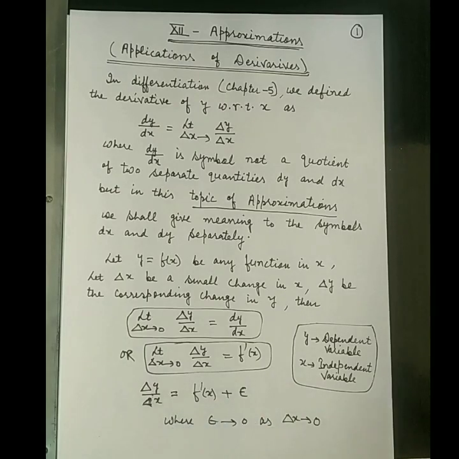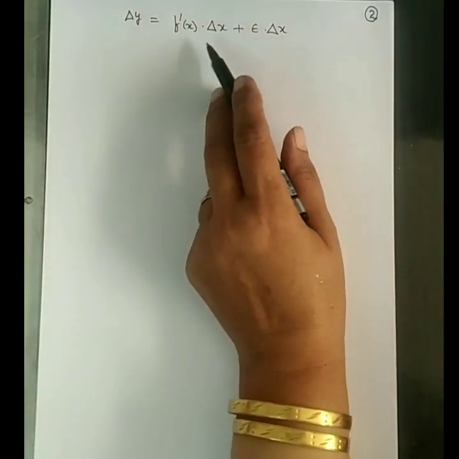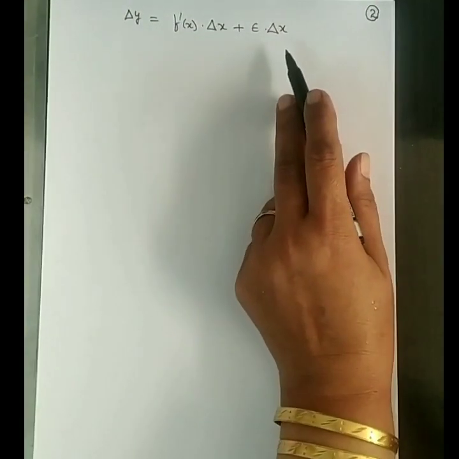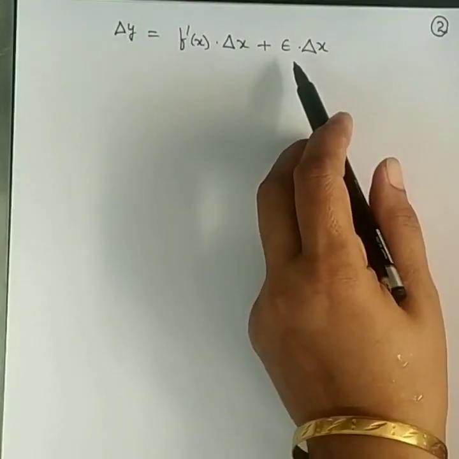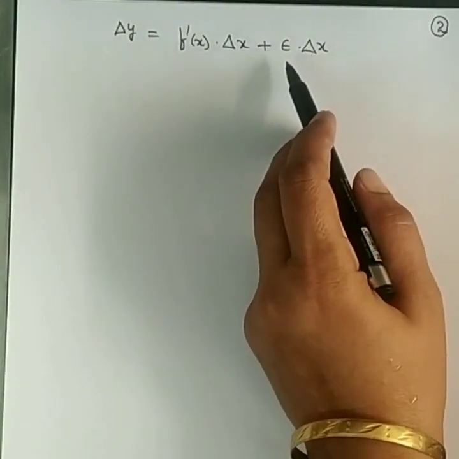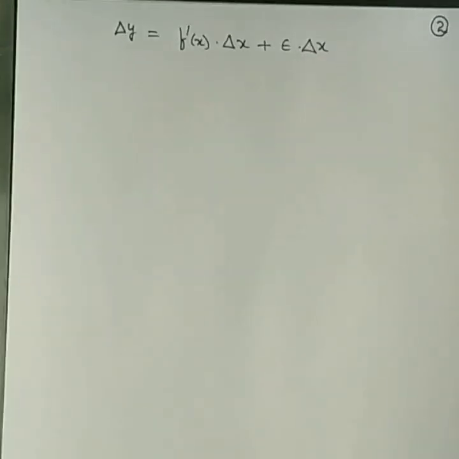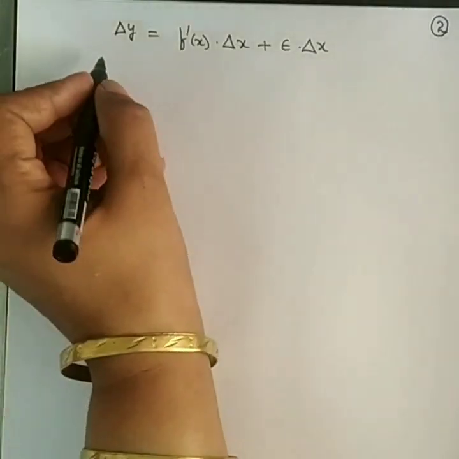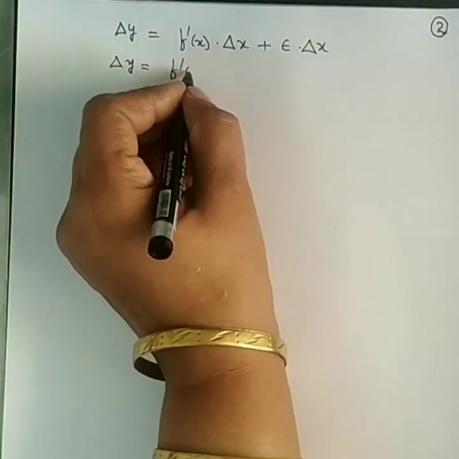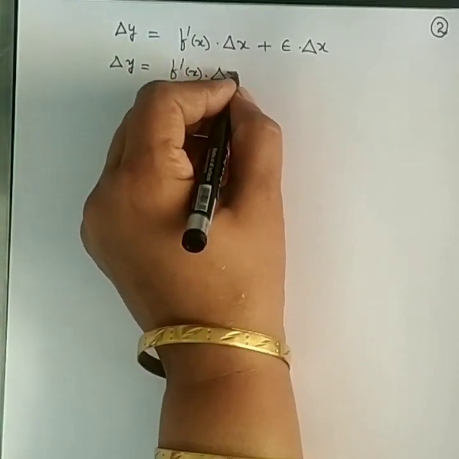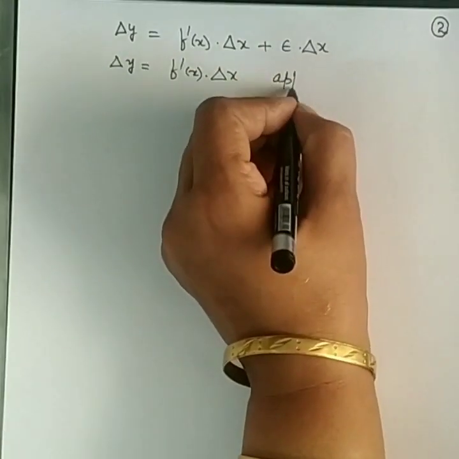Now cross multiply, we get delta y is equal to f dash x into delta x plus epsilon into delta x. Now children, if we ignore epsilon into delta x because it is very negligible, then we get delta y is approximately equal to f dash x into delta x.